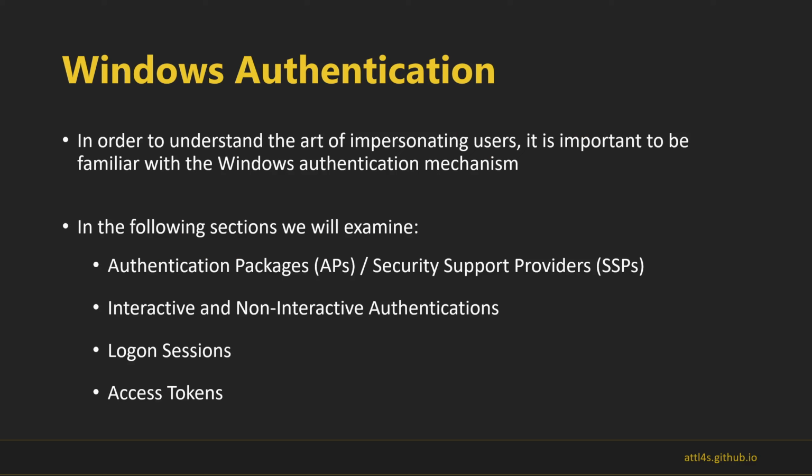Now in the next section, we're going to be digging into Windows authentication and the main components of it. For example, we will see authentication packages or security support providers. We will see the difference between interactive and non-interactive authentication. We will see logon sessions and then access tokens.